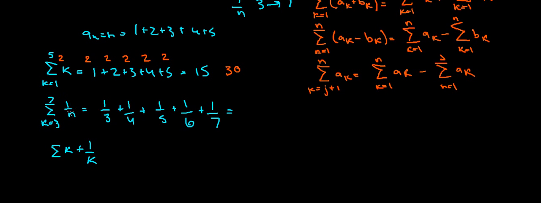So the summation of these 2 things, this can be written as, well, let me put the parentheses around just to make sure that it's understood that these are one entity. So according to these properties, it can be written as this. It's 2 separate summations. Summation of k plus the summation of 1 over k. And it will be equal to the same thing. And subtraction is pretty self-explanatory.